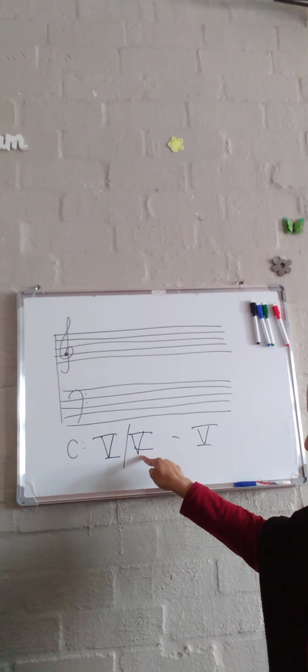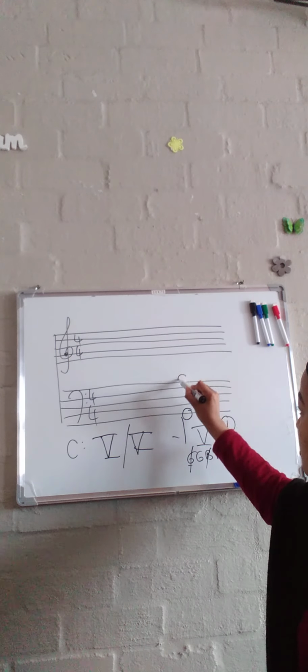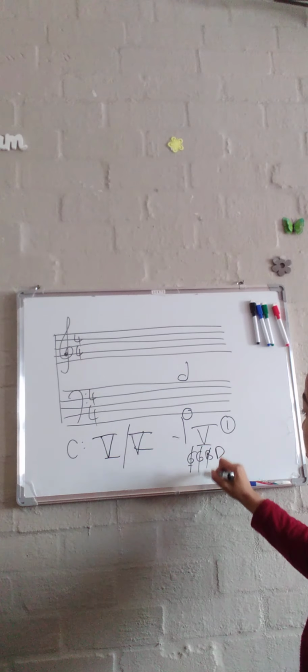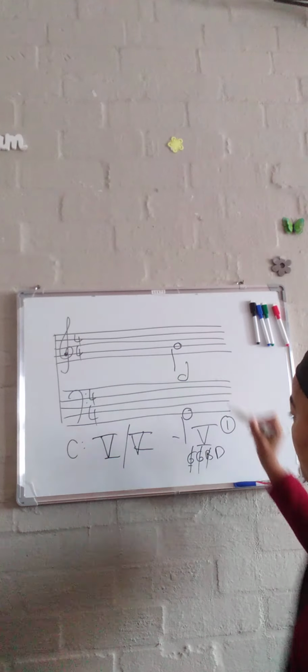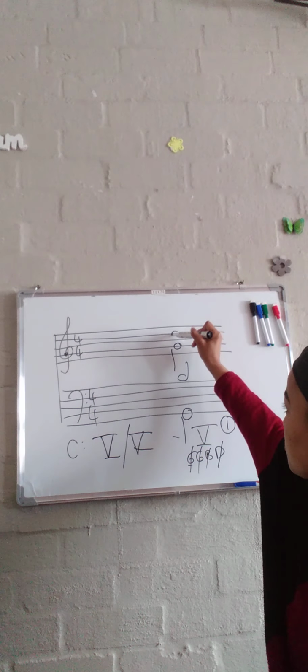So let me write the spelling out. I'm going to be in 4/4 and I'm going to do the progression in minims. I'm going to write in open spacing, and the B goes here, and then the G goes here, and then the D goes there.